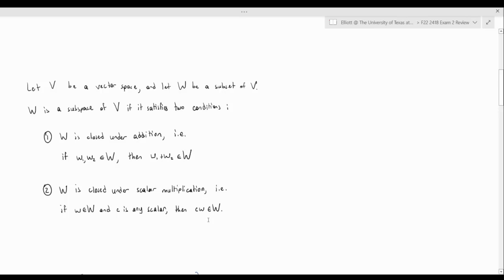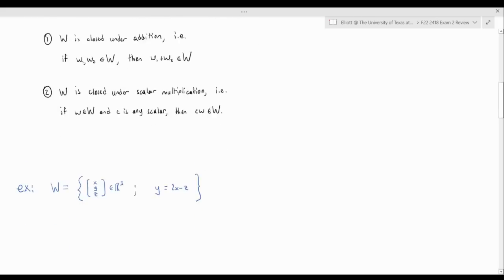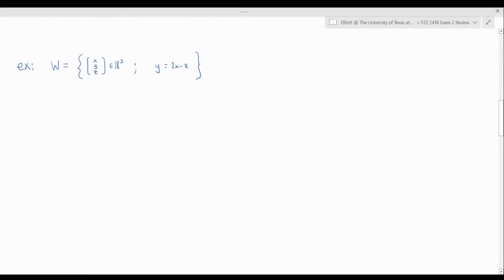So I'm going to look at some examples of checking whether something is a subspace or not. It is a fact about subspaces that they have to contain the zero vector. But you don't actually need to check that when you're checking whether something is a subspace.